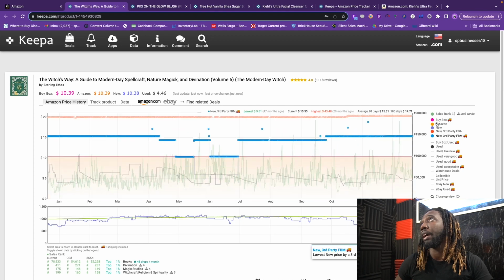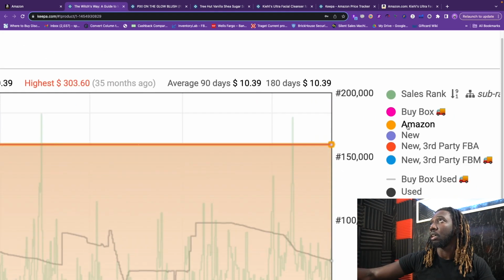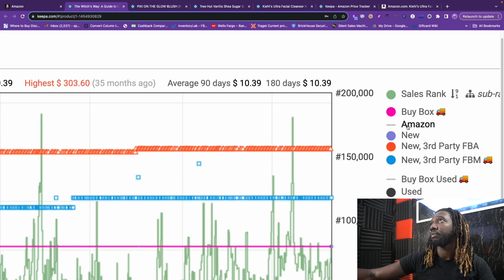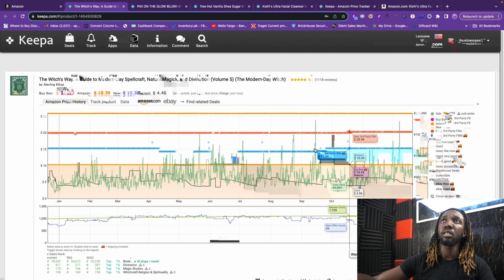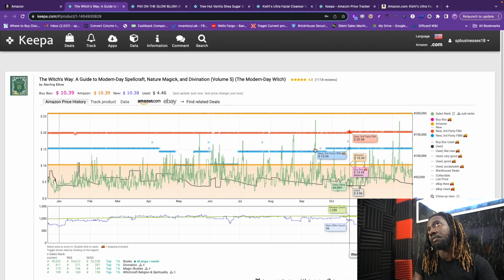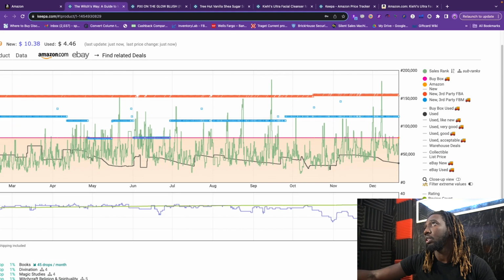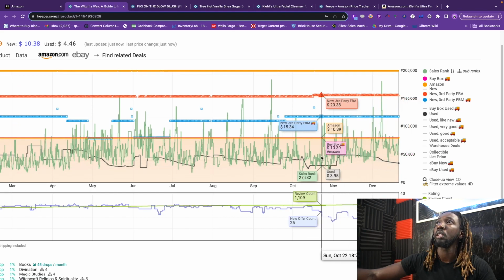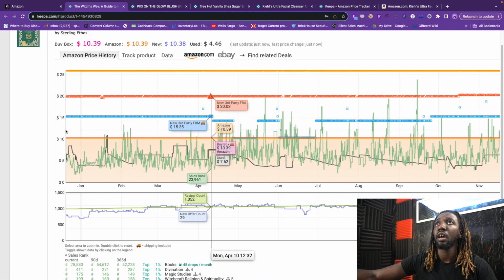But another one you want to have enabled is this Amazon setting here. I should have left it enabled. I don't need this one right here, but Amazon, you want to have that. This lets you know if Amazon has been on the listing, if they are currently on the listing, and for how long they've been on the listing. All right, a time frame of 1 year, right? So for the past year, Amazon has been on this listing and they have not gone out of stock at all.